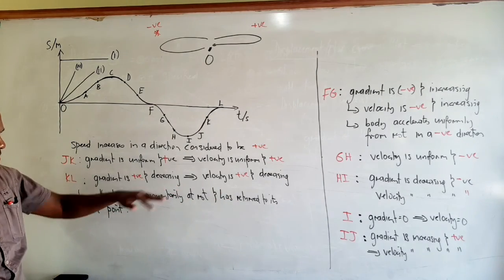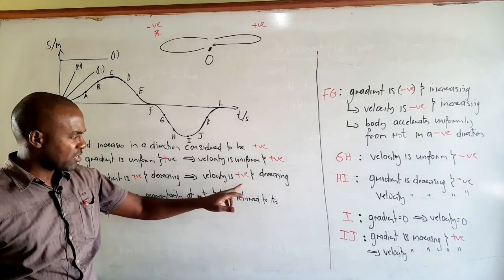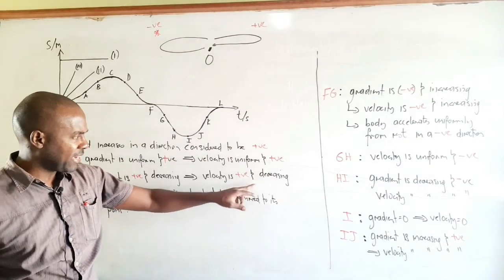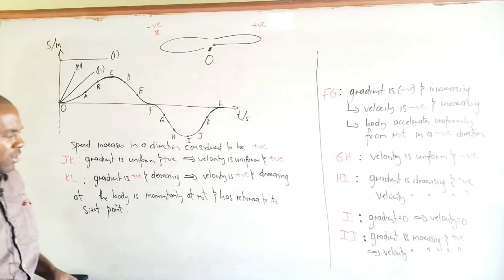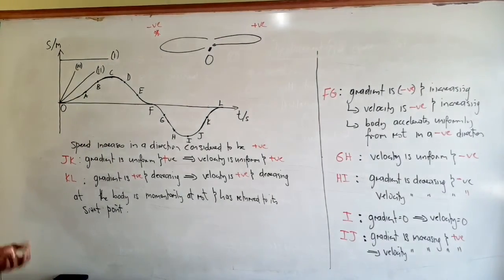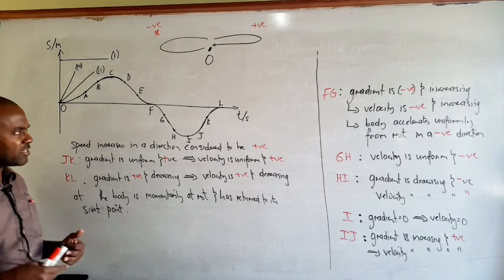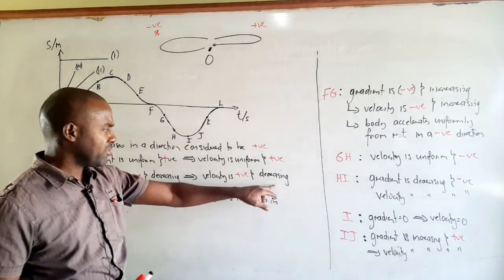The velocity is positive because of the direction, and of course it is slowing down, and hence it is decreasing.